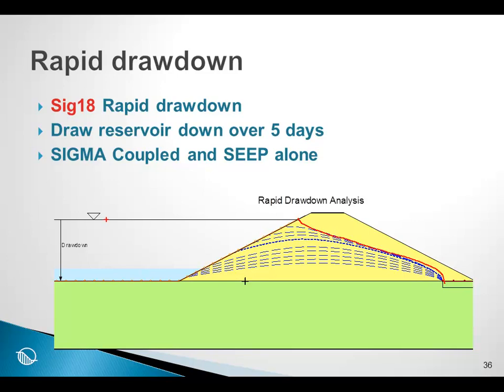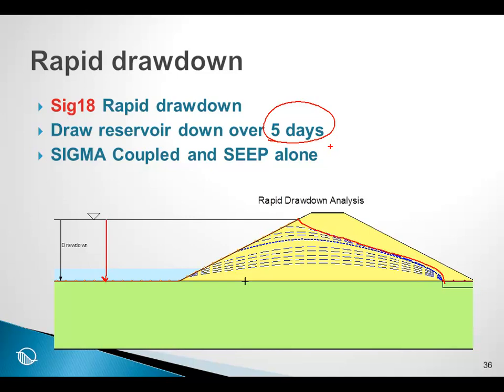Then the reservoir is going to be drawn down over a period of 5 days. And we know that as the reservoir disappears, of course, the excess pore pressure in the embankment disappears with time.